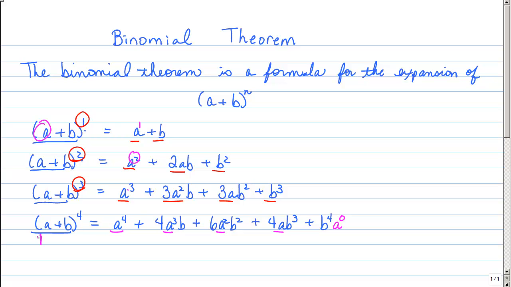So the first thing in the parentheses starts out with this power, and then it descends. But notice what happens to the b. We started out with no b's, which would be b to the 0, and then b to the 1st, b squared, b cubed, up to b to the 4th. So the first term descends, and the second term ascends in powers.